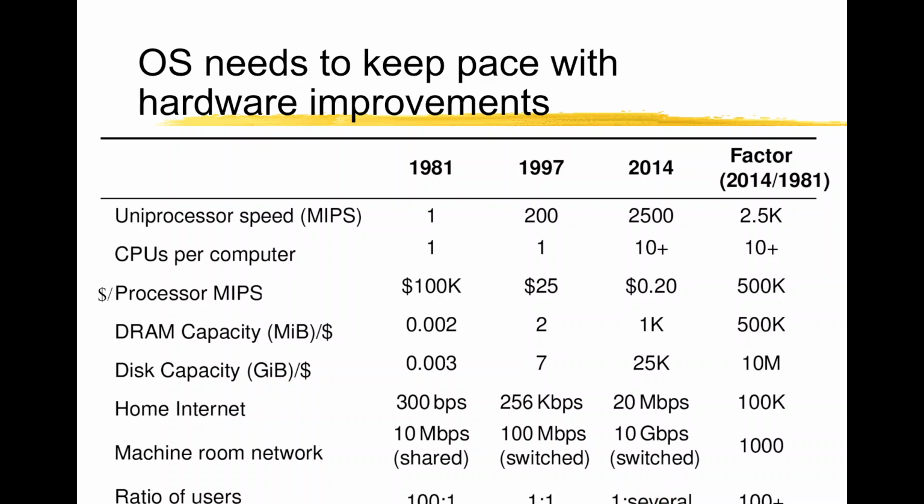Before, it was just 100 people using one computer. But now, one person could have a laptop, a desktop, a mobile device, an iPad, whatever. So we digitalize, and individuals now move around with so many devices.